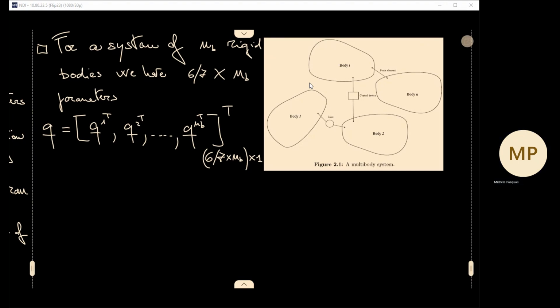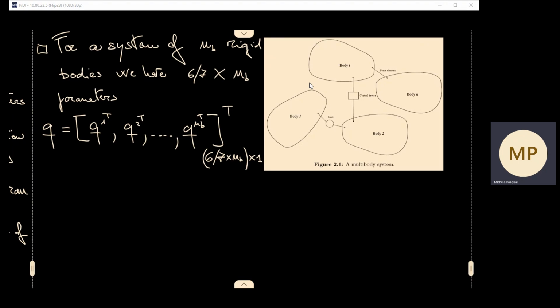Now, this is in fact the number of parameters that you need to define to completely identify your system. But in general, we do have limitations to the values that these parameters can assume.